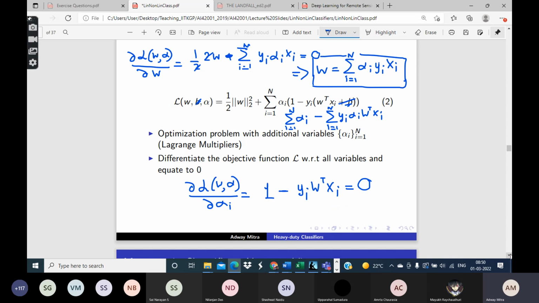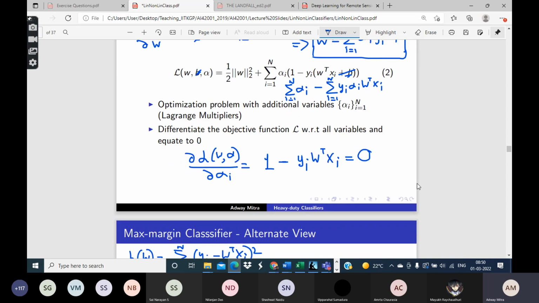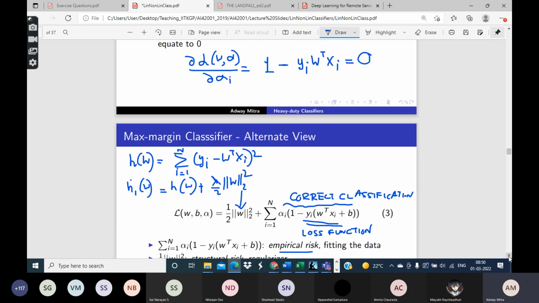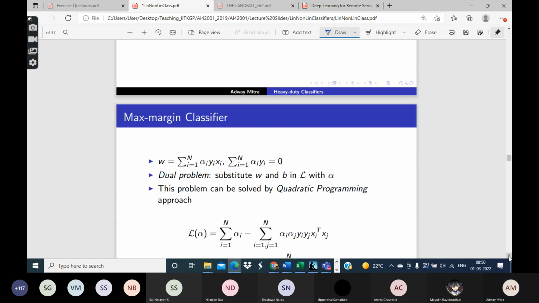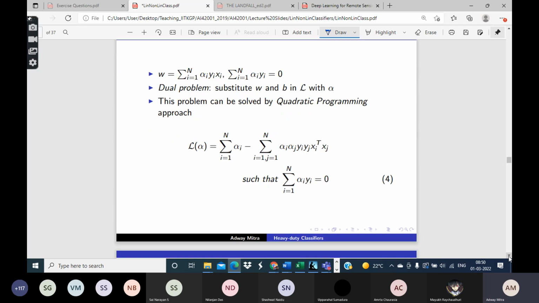So now, as you can see, the expression which we get is another expression in terms of W, and it does not contain any alphas. So what we are now going to do is a replacement.